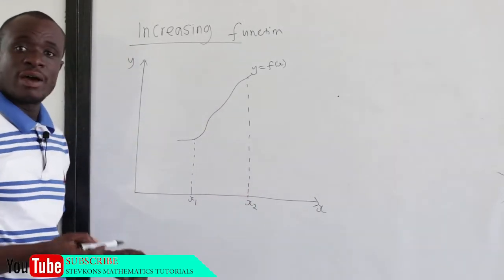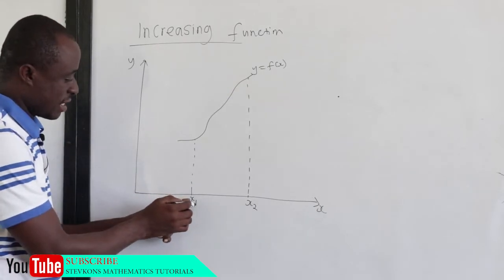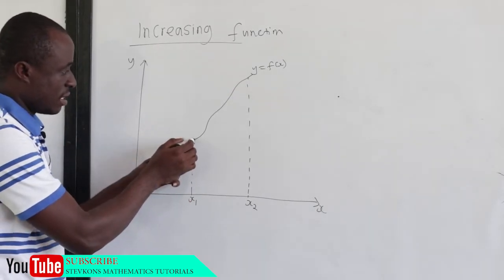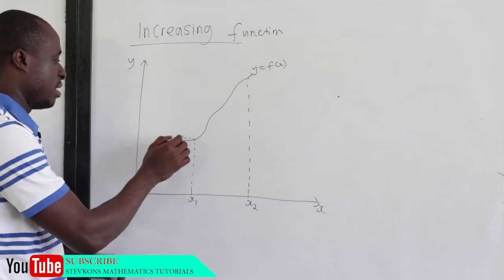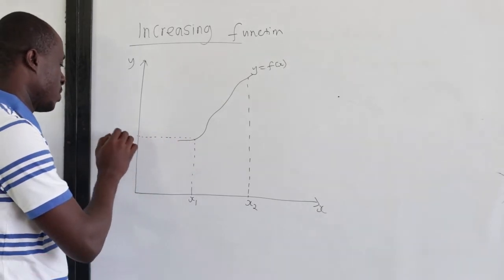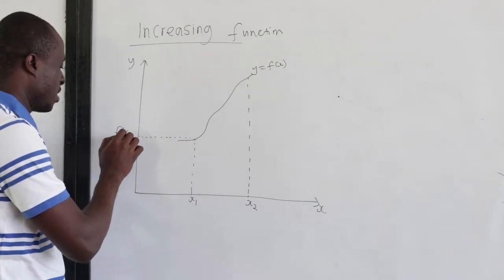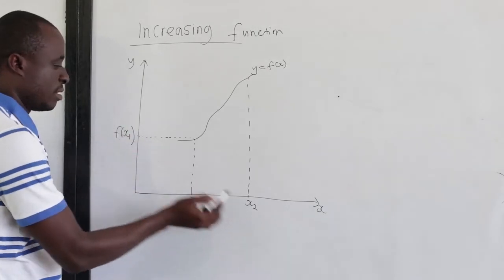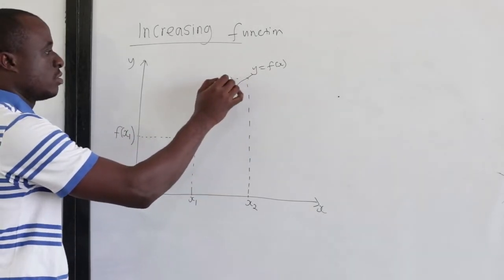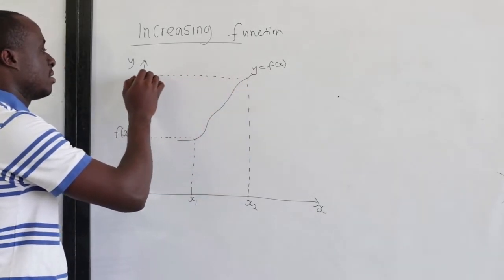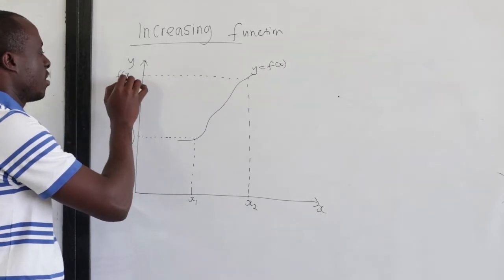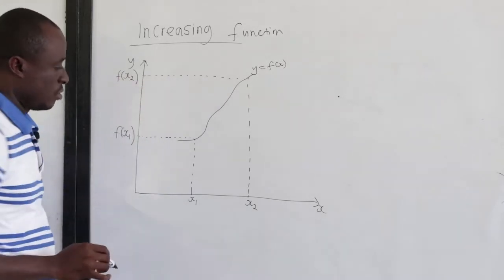Now I want to find our f of x. So clearly if this x1 is touching this, our y value, the corresponding y value, we'll get it here, that is f of x1. And then x2 would also provide us with f of x2.